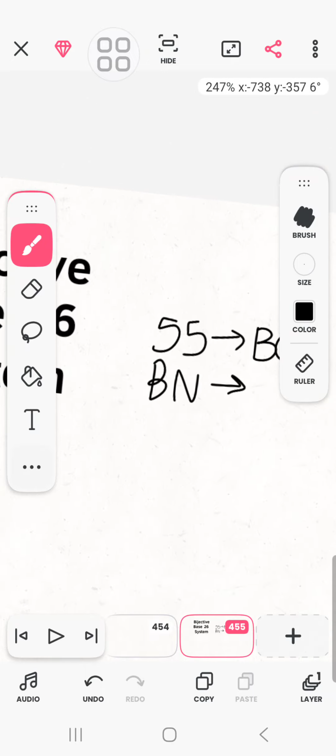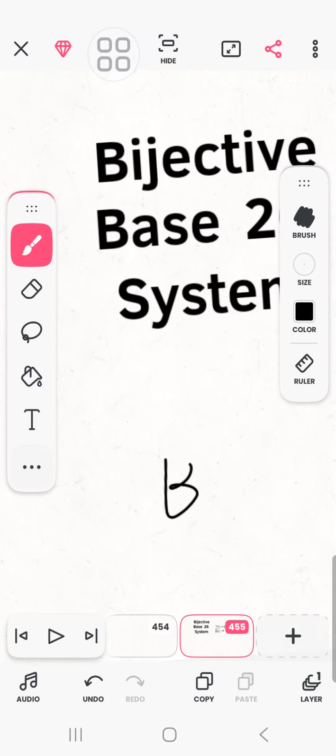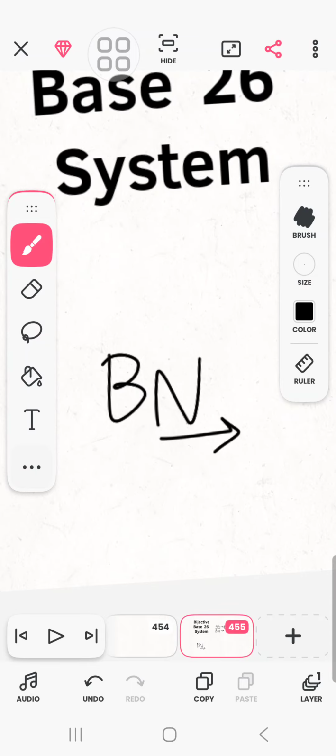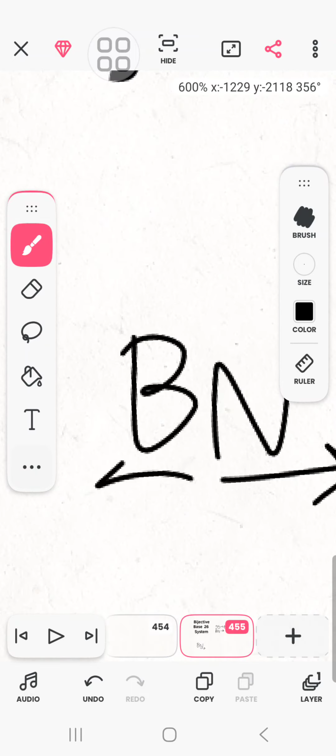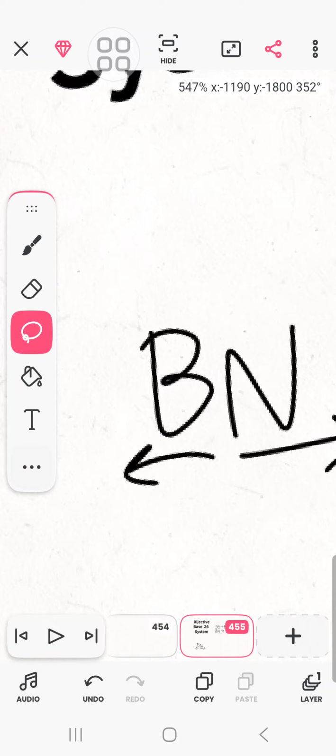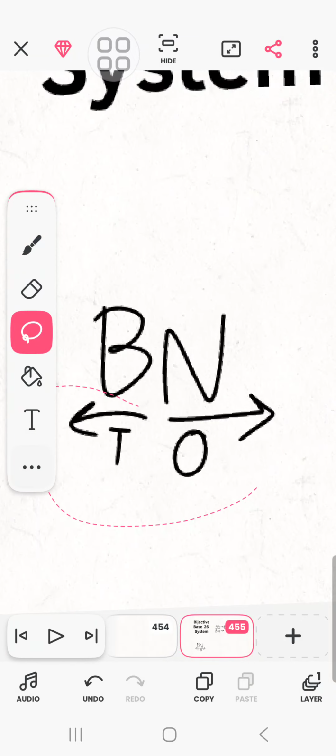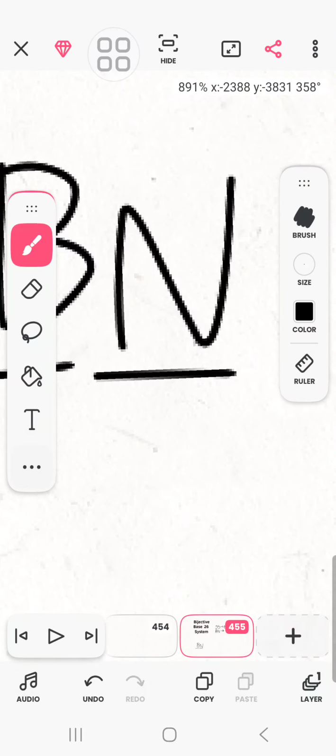Our example is BN, so we put BN down, and just like place value, numbers to the left get bigger, numbers to the right get smaller. So this is of course the tens place and the ones place, just to let you know. Now we start at the smallest place and go left.